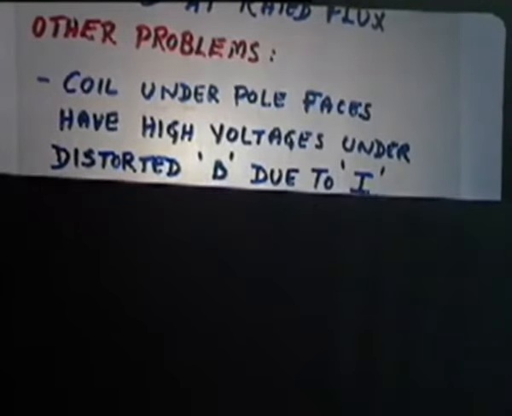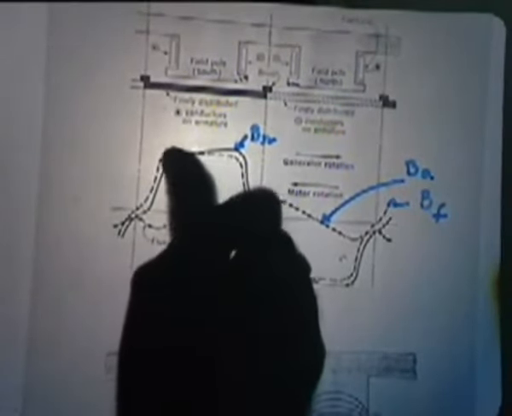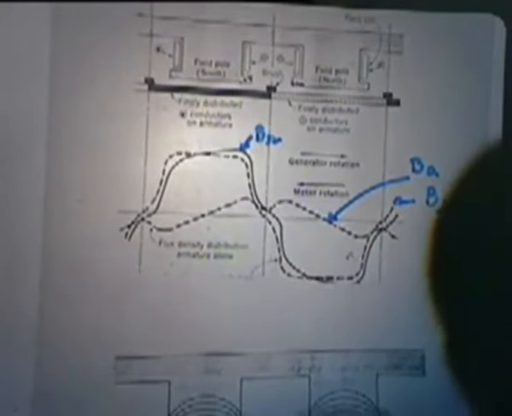This is one thing we observe, that there are also coils under the pole faces, which face distorted MMF or distorted flux. We have seen here that the flux density is changing even under the poles. So conductors here will have varying flux densities, not a fixed flux density. So there will be differential voltages, especially in large machines with rapidly changing currents.